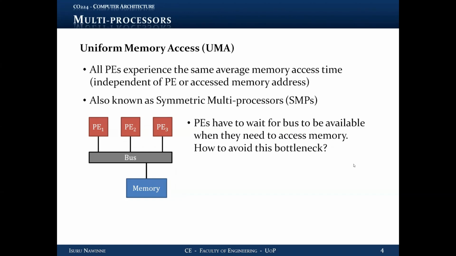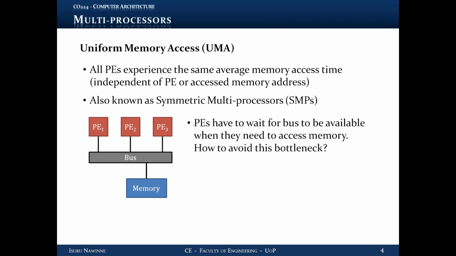Right. Now, processing elements, like I told you earlier, have to wait for the bus to be available when they need to access memory. Whenever they need to access memory, they need the bus to be available, because the bus is the interconnect connecting all these processors to the memory. Right?